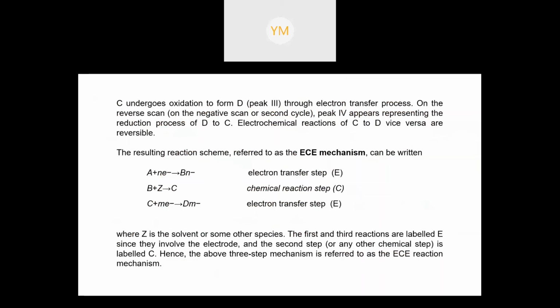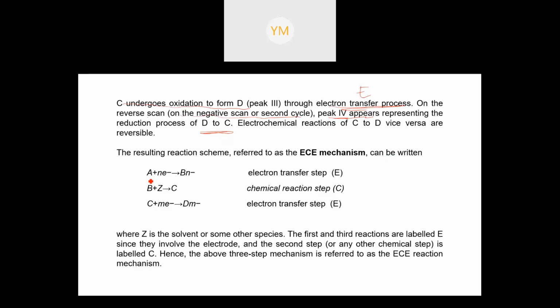Okay, so I hope you understand what I explained. C undergoes oxidation to D, producing peak 3 through electron transfer. This is E. On the reverse negative scan, on the second cycle, peak 4 appears. This is the conversion of D to C. The amounts of C back to D and D back to C are similar, so that is reversible.